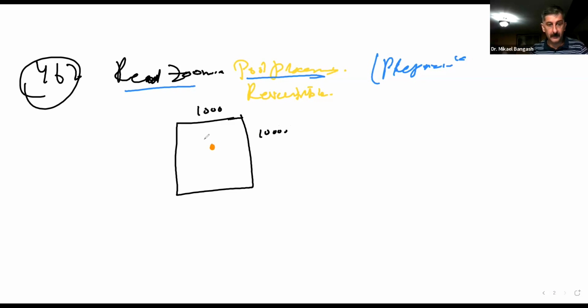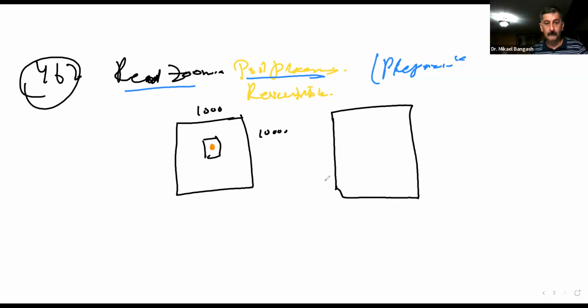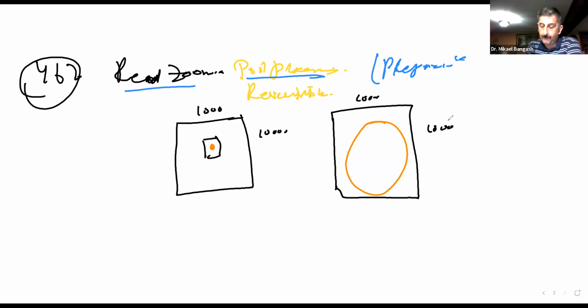But when you zoom in on this region of interest, your region of interest occupies this, whereas the pixel density is still going to be 1000 by 1000. Did that make sense?